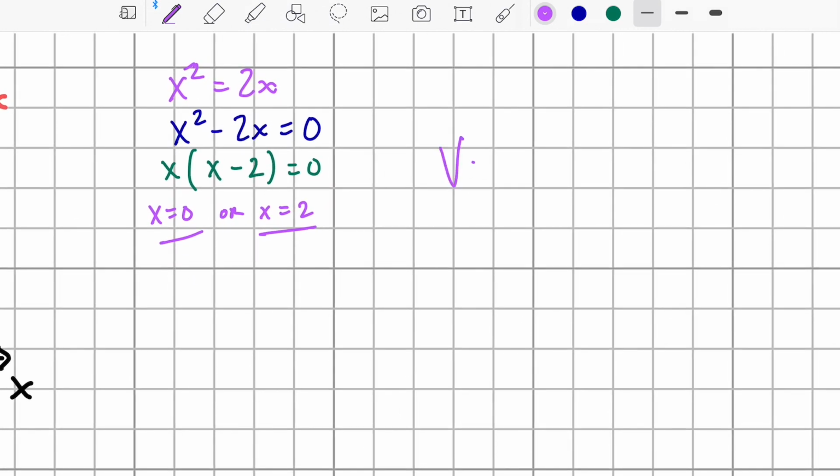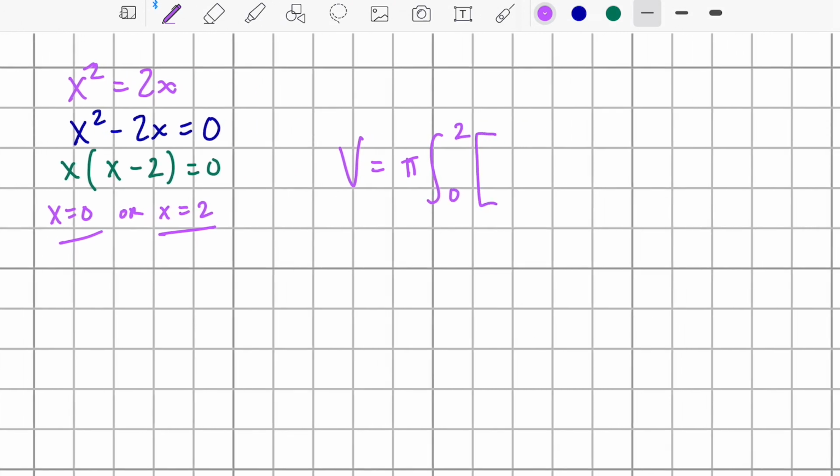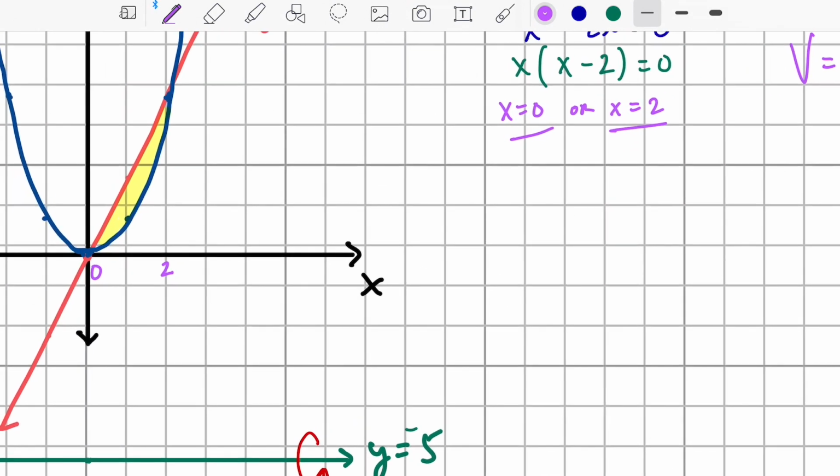So it'll be volume equals pi integral from 0 to 2, just like we said earlier. And it's going to be 2x plus 5 squared. Again, think of it as 2x minus a -5, which gives me 2x plus 5.